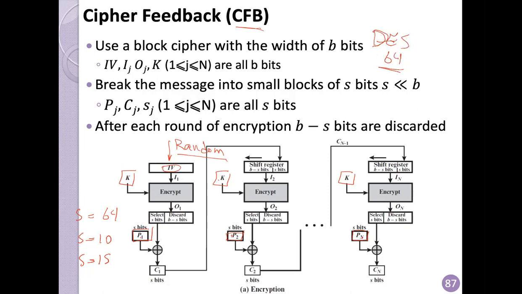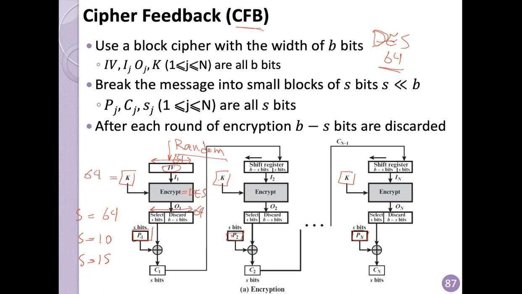Let's suppose that we are talking about DES, which has the block size of 64 bits. So this encryption is going to be done based on DES. Since this is DES, the size of the initialization vector should be 64 bits, and the output of the encryption is going to be again 64 bits. And our key is also 64 bits.